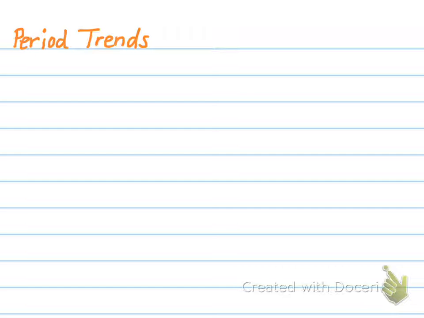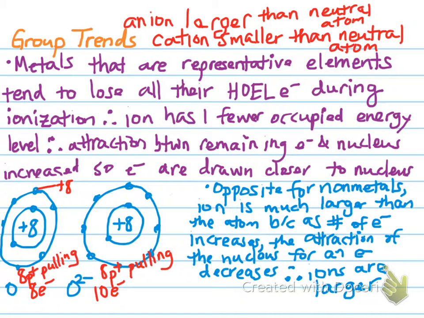So when we talk about group trends, no matter what, as we go down a group, our ions are going to get larger in size. That's for the same reason that atoms get bigger. Even though the metals have lost their highest occupied energy level that contains electrons, they still have added a layer.